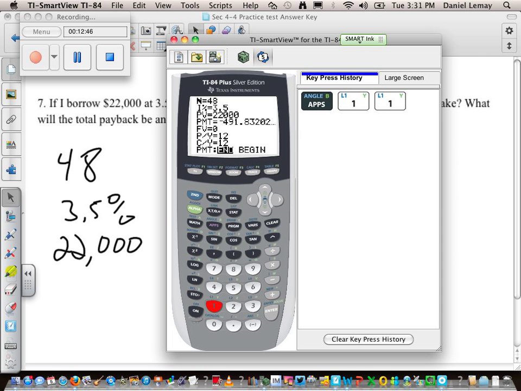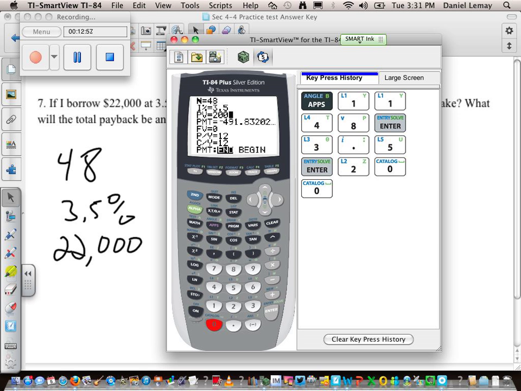As you can see, I've already got this typed in. I typed in 48. I typed in 3.5%; you don't have to make that a decimal. I'm going to type in my present value, which is how much I'm borrowing, $22,000.